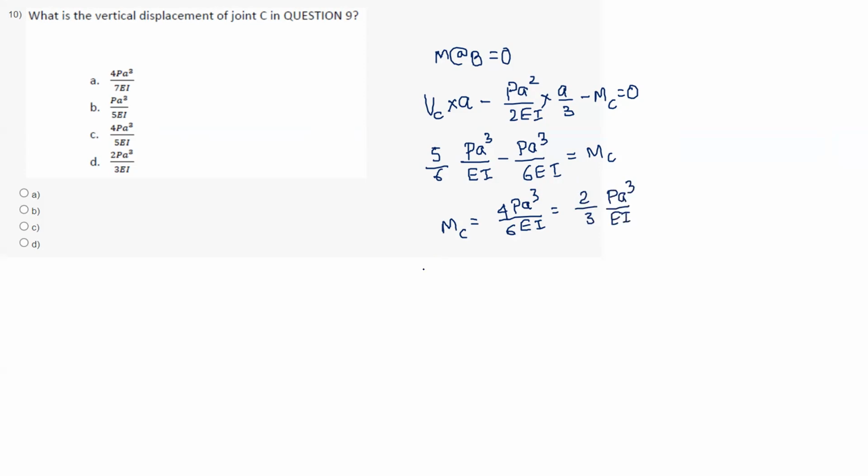So we get the deflection at C equal to 2 PA cube upon 3EI. So the option is D, 2 PA cube upon 3EI.